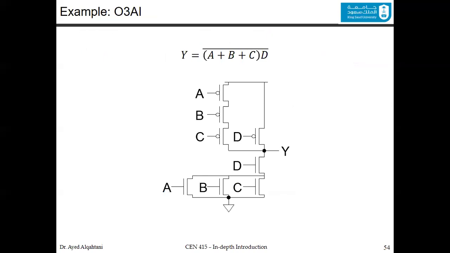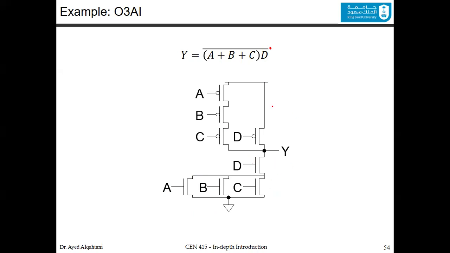Now, here's another example, which is if Y is equal to A or B or C, ANDed with D, all bar. Because we have the bar, we have A and B and C in parallel, in series with the D in the pull-down network.